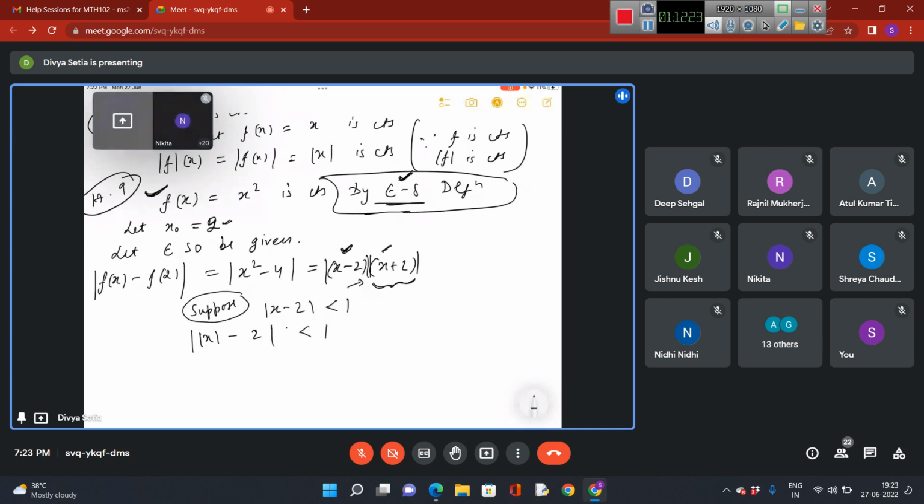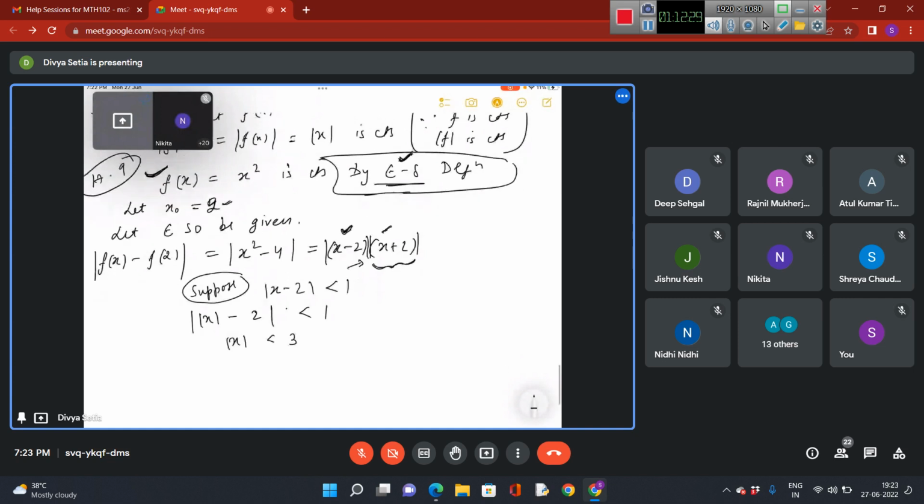So |x plus 2| is less than 3, right? Or I should write it more clearly. This is less than |x minus 2|, and then this is less than 1, and then this mod opens, so it is less than 3. Is this step clear? |x| is less than 3.